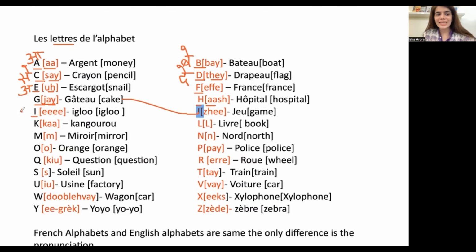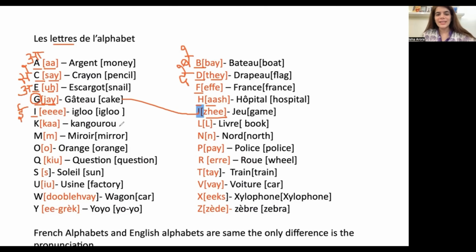I is E, E, E. And J is G, G, G. So J is G and G is J.